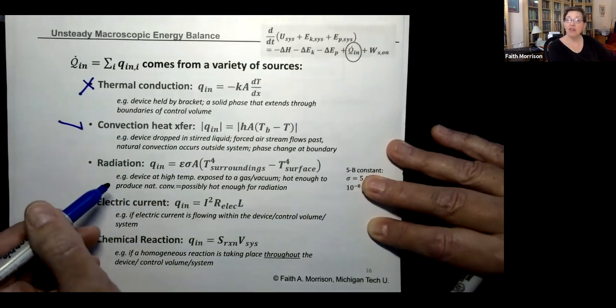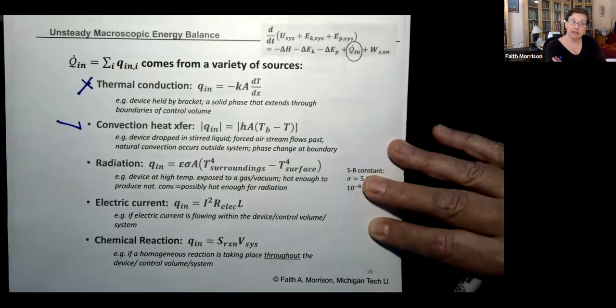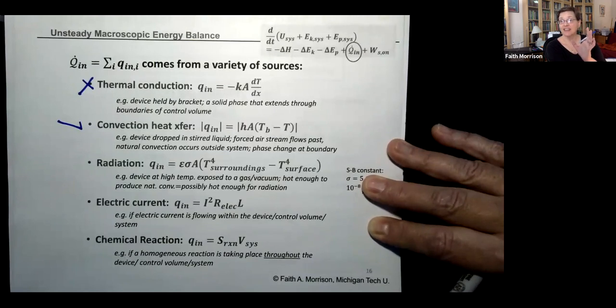Is this a problem where there are very, very high temperatures that would make the radiation part important? And you might be tempted to use this one, and then it would be the same problem we did in class last time. But the presence of a liquid makes the temperature of the part go down so fast, and we did actually see in our last lecture that the radiation was small even when we had it in contact with a gas.